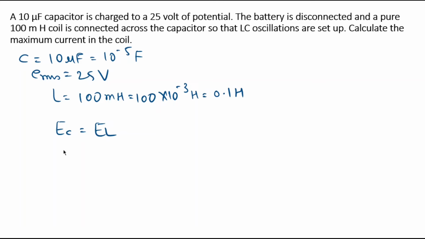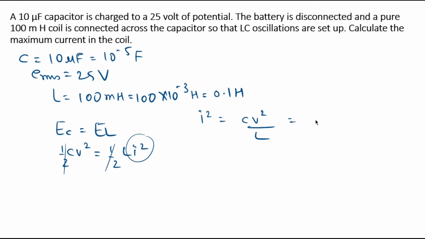So we know that energy stored in capacitor is given as half CV square, which is equal to energy stored in inductor, which can be given as half Li square. So half gets cancelled, and from here we can calculate the value of current, that is I square can be written as CV square by L.